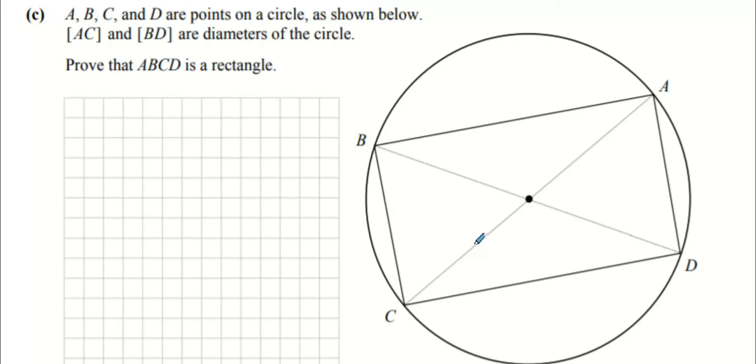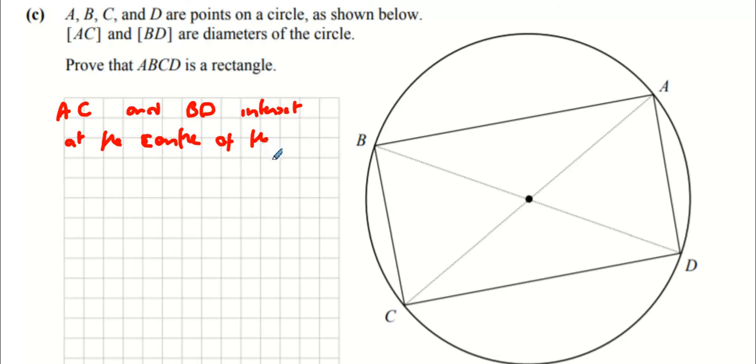So first thing to know is that AC and BD intersect at the center of the circle.